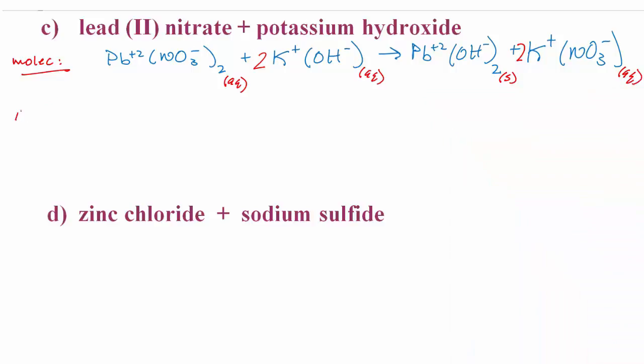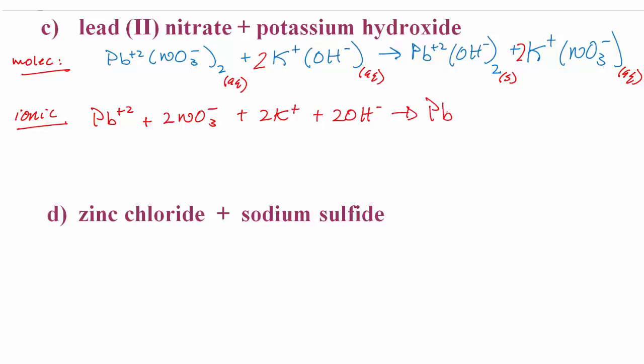So the ionic, break everything up that has AQ. I have a lead ion, 2 nitrates, 2 potassium ions, 2 hydroxide anions. Keep the lead 2 hydroxide together.